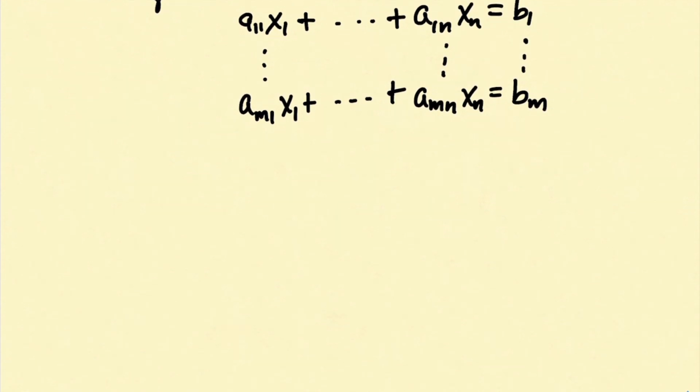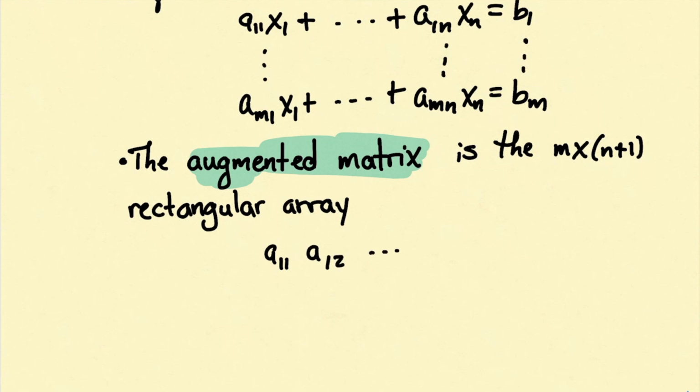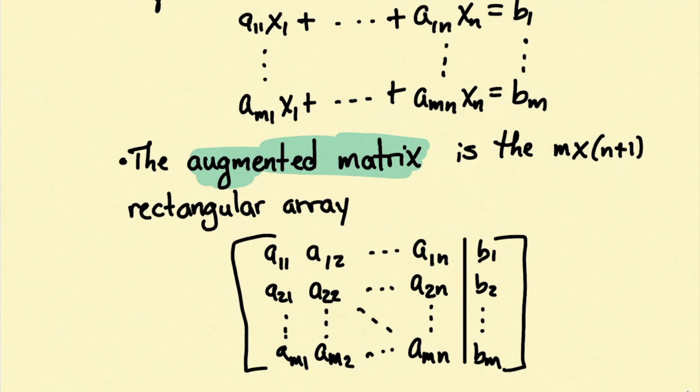The augmented matrix is the m by n plus 1 rectangular array. So there are n columns of coefficients coming from our m equations together with the augmentation column on the right-hand side.